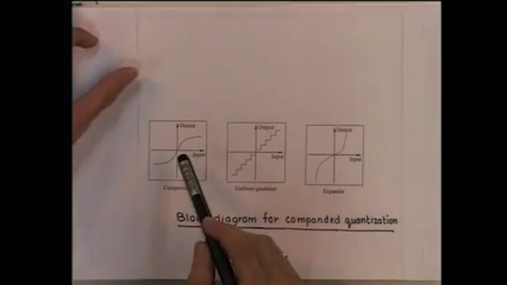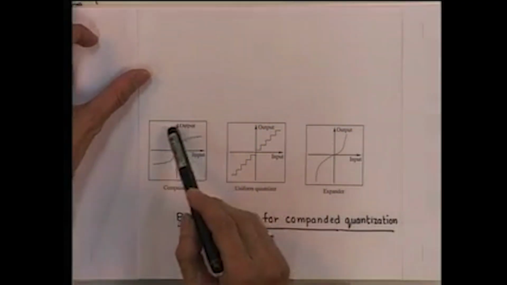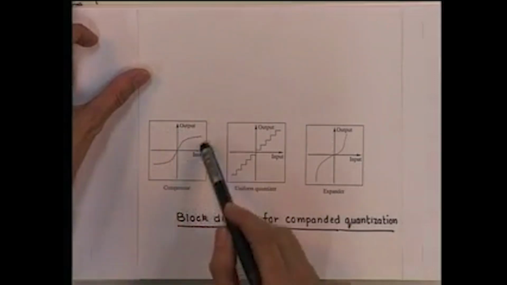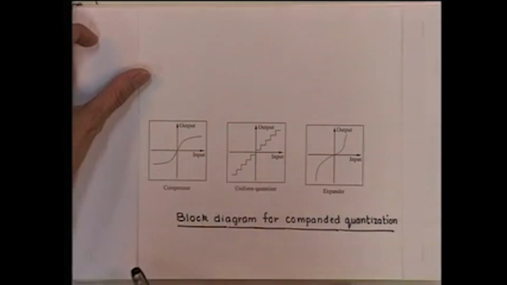This is the main idea behind companded quantization. The companded quantization can be represented by the following block diagram. First, the input is mapped through a compressor function.